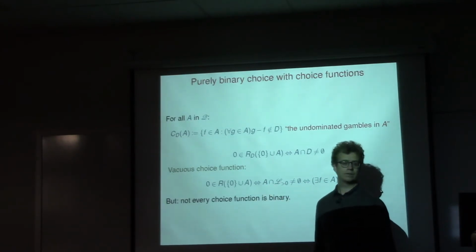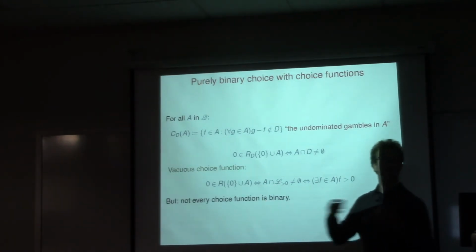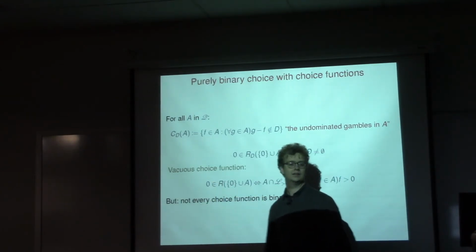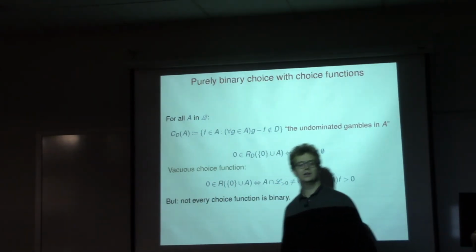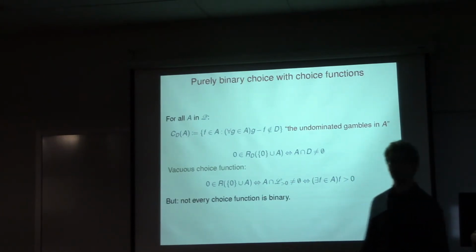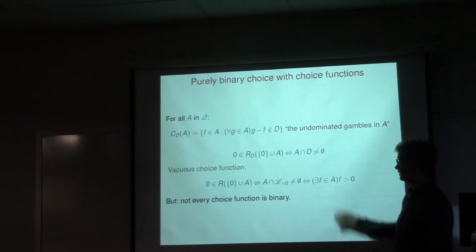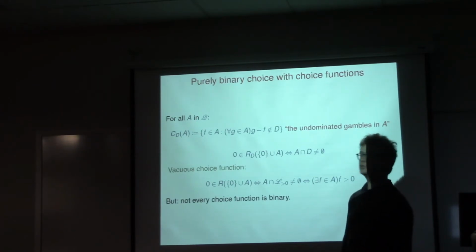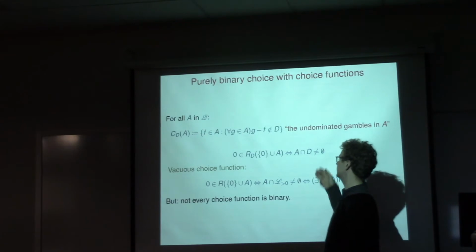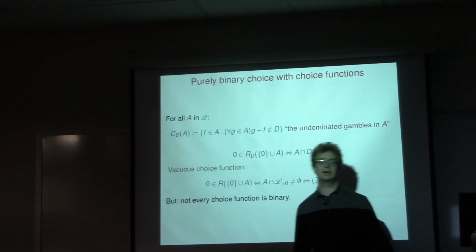So if there's a gamble in A with which I will surely win something, or at least not lose anything, and there's at least a chance that I win something, then I reject 0 from A. Otherwise not. That's the uniquely smallest choice function. It corresponds to not knowing anything at all. And coincidentally, it's a purely binary choice function, corresponding with the vacuous set of desirable gambles.